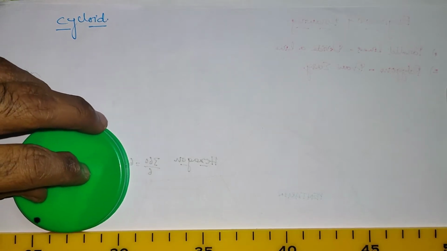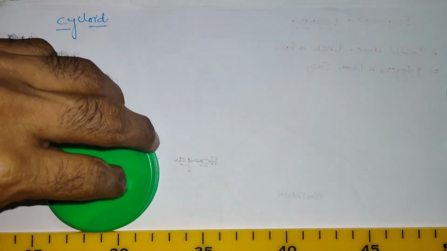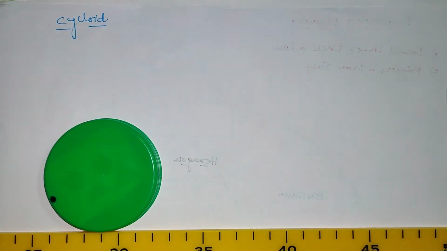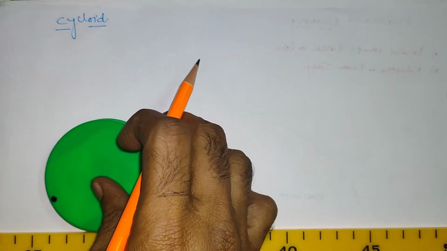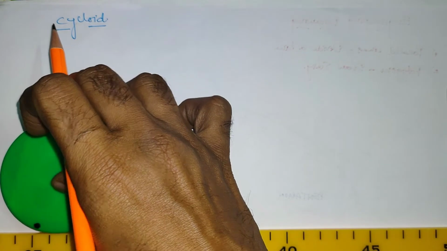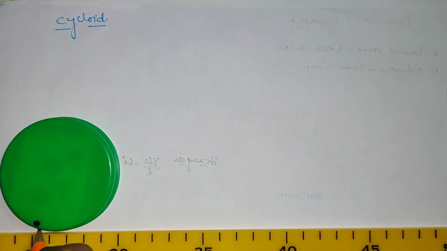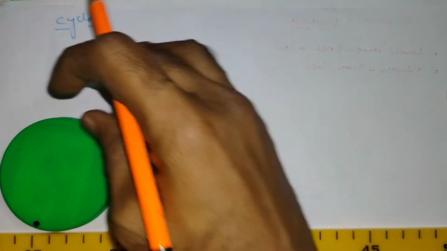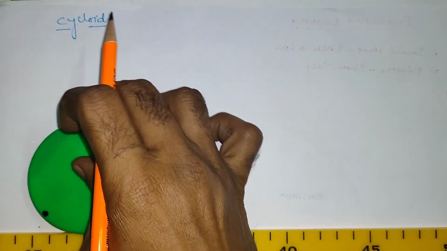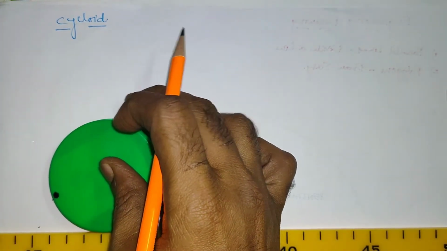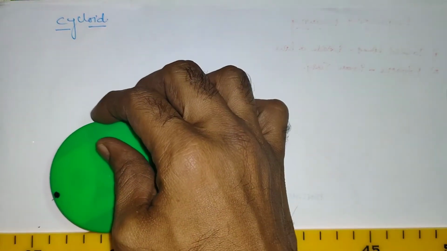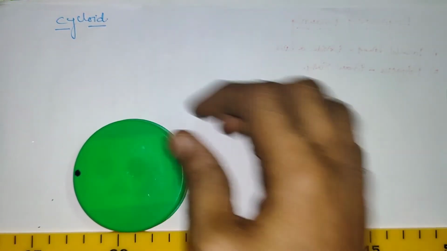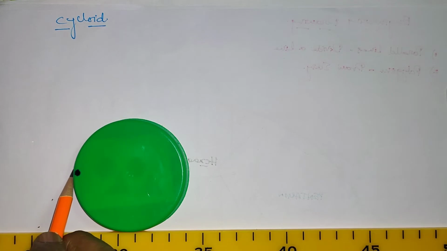So first of all, I am moving this slightly through a distance. So now the point comes here. Initially it was at this particular point. And when it is moved further, this will be the new position.